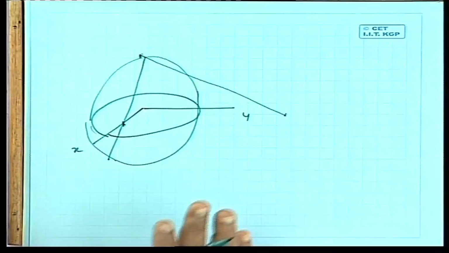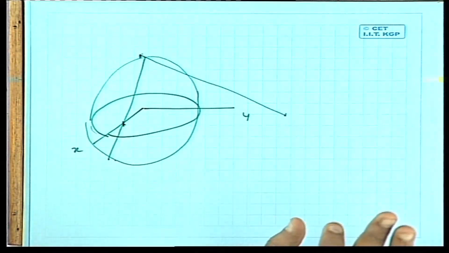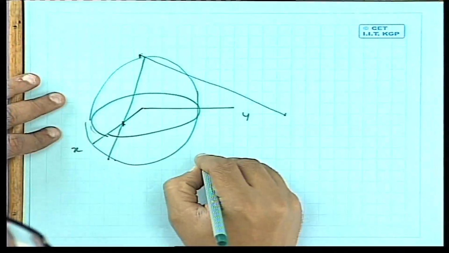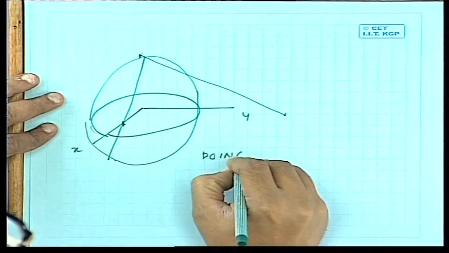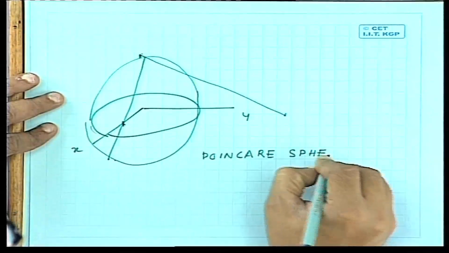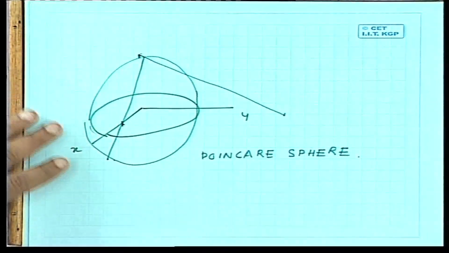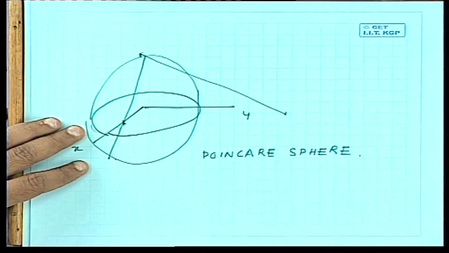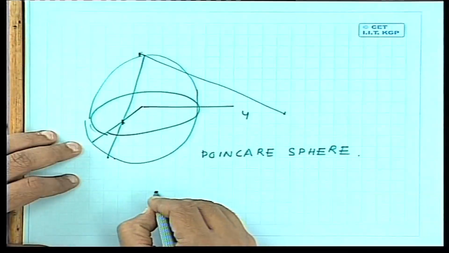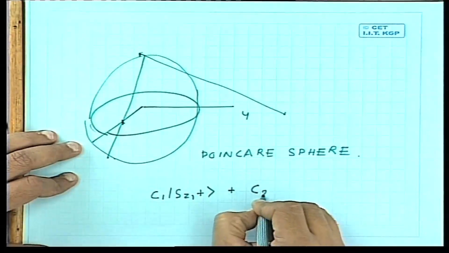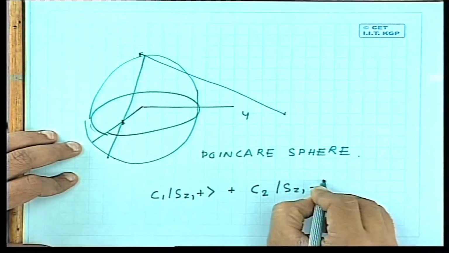Okay, so all polarization states of light can be expressed by points on a sphere, and this sphere is called the Poincare sphere. Similarly, all states of a spin half particle can be constructed by superposing Sz plus and Sz minus.